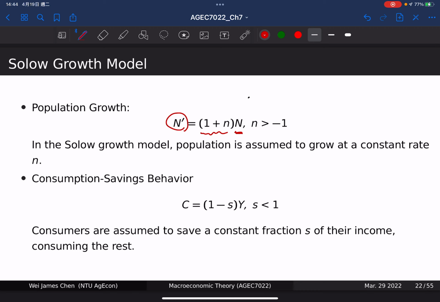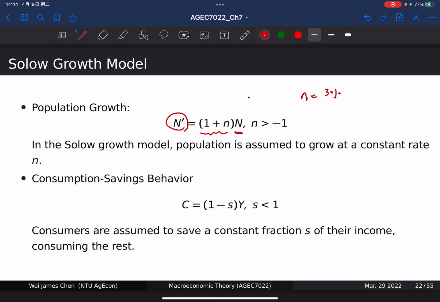So basically, the lowercase n is the population growth rate. Okay, so suppose n equals 3%. That means the population will grow at a rate of 3% each period.